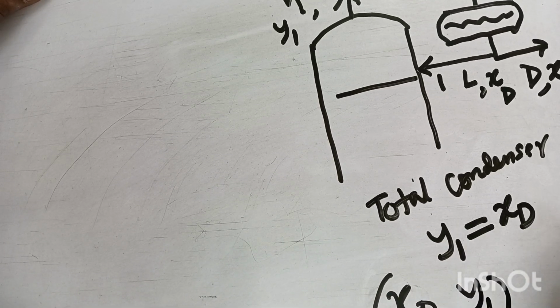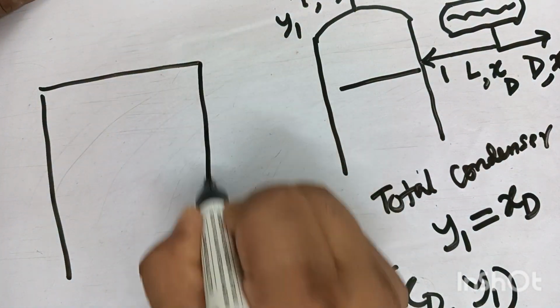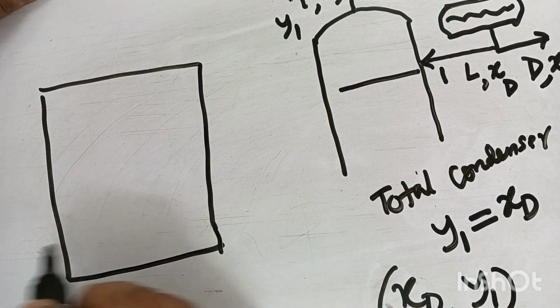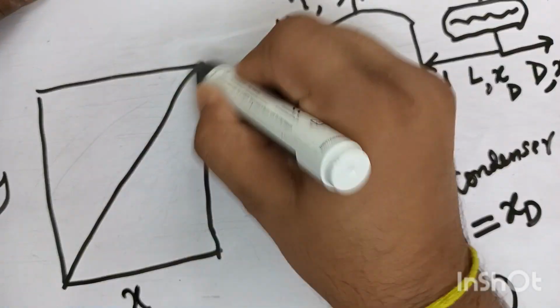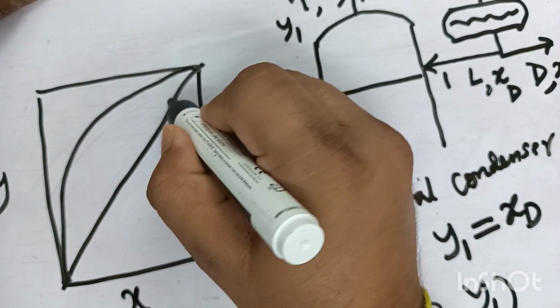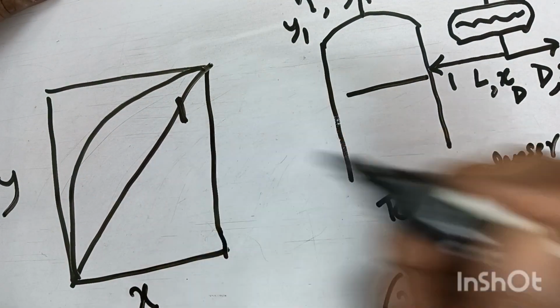And since y1 is equal to xd in case of a total condenser, the point corresponding to the enriching section operating line will also start from y equal to x line.